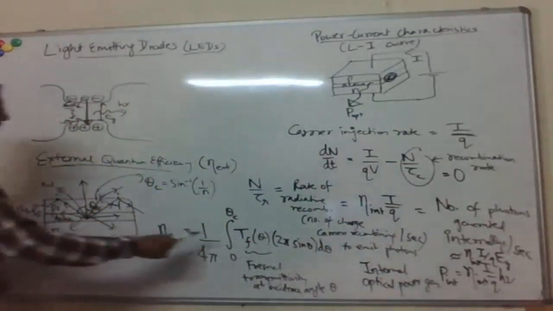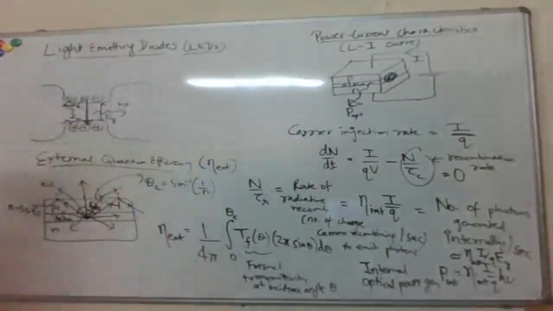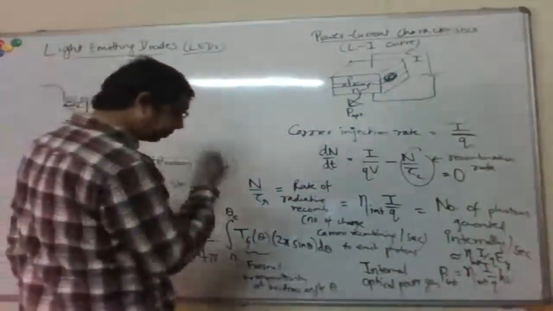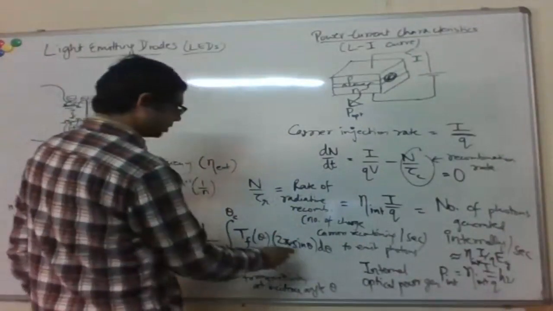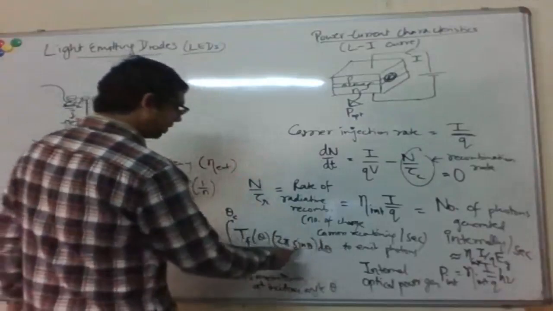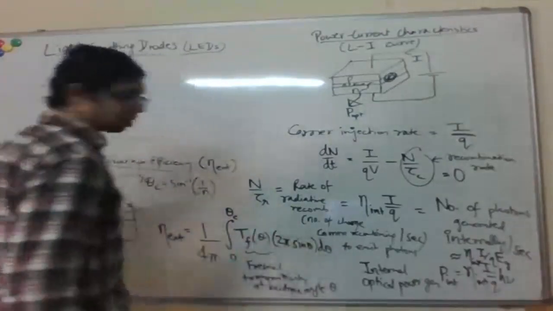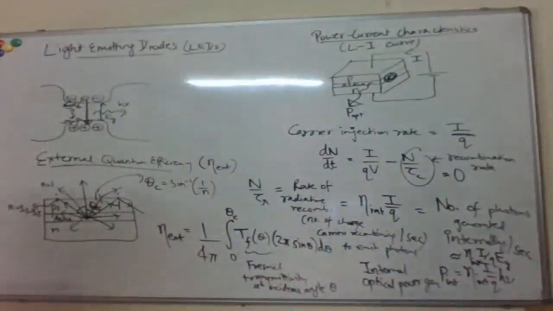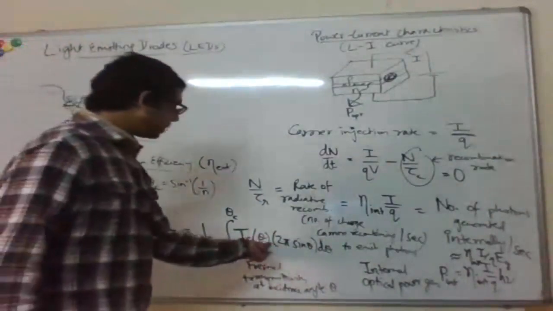And then with theta, we have this transmission coefficient depending on theta. The differential element for the solid angle is sine theta d theta d phi. So d phi we integrate to 2 pi, and then we have the portion for theta remaining.